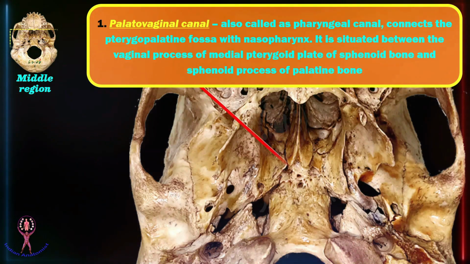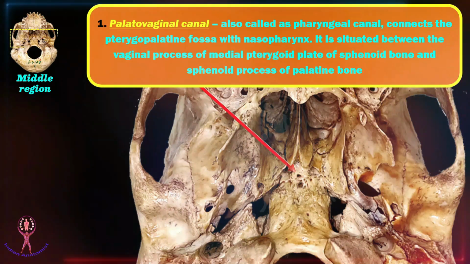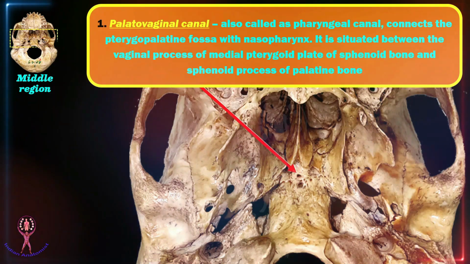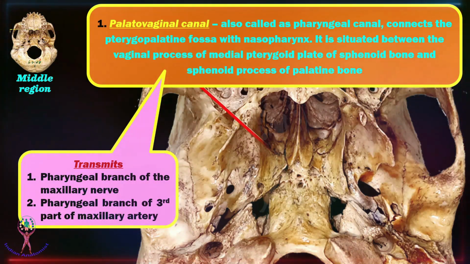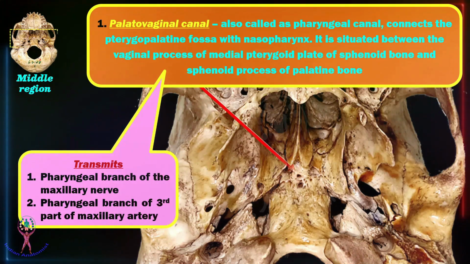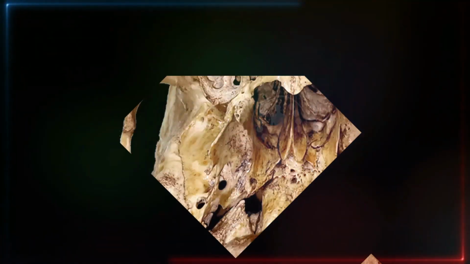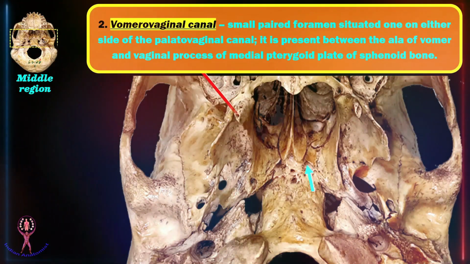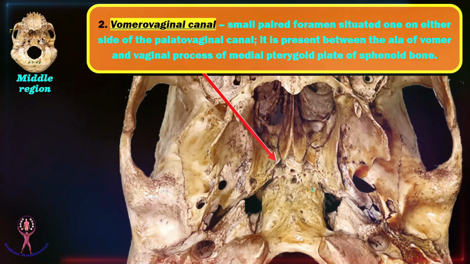It is situated between the vaginal process of medial pterygoid plate of sphenoid bone and sphenoid process of palatine bone. It transmits two structures: the pharyngeal branch of the maxillary nerve and pharyngeal branch of third part of the maxillary artery. Next is the vomerovaginal canal. These are small paired foramina situated one on either side of the palatovaginal canal.